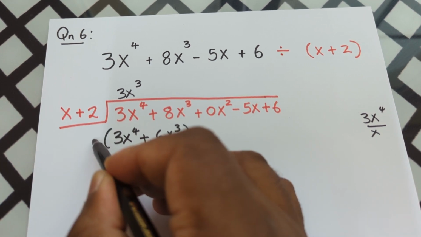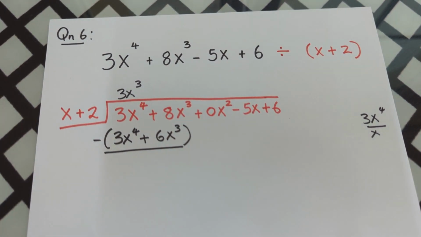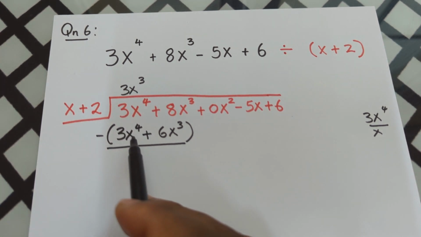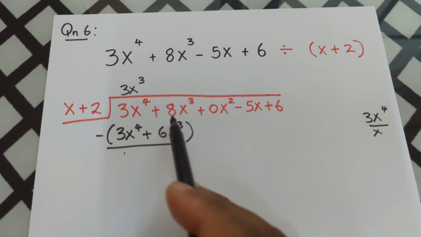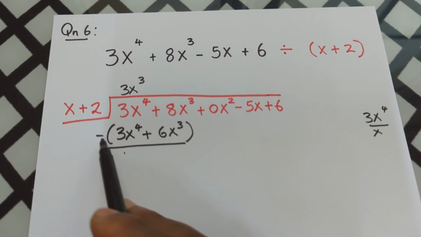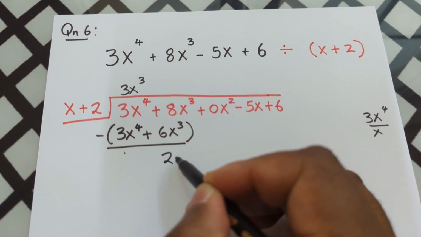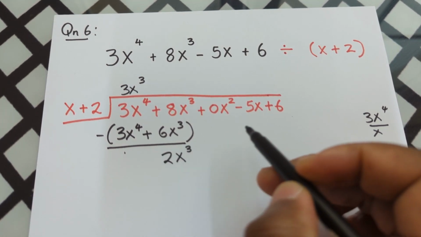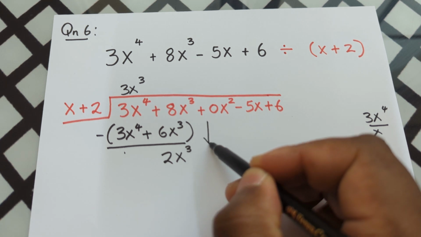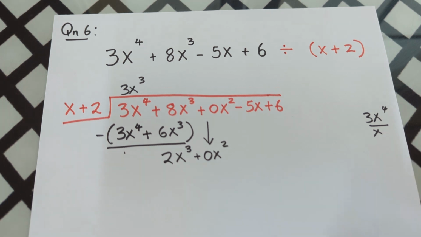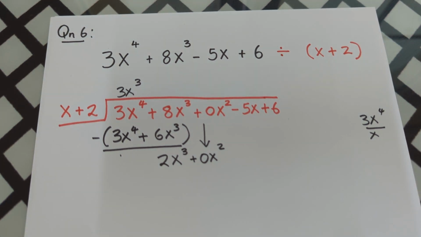We put our brackets and we subtract. 3x to the power 4 minus 3x to the power 4, that's a 0. 8x cubed minus 6x cubed will give us 2x to the power 3. And we bring down our next term, which is 0x to the power of 2. Now let's repeat the same process.